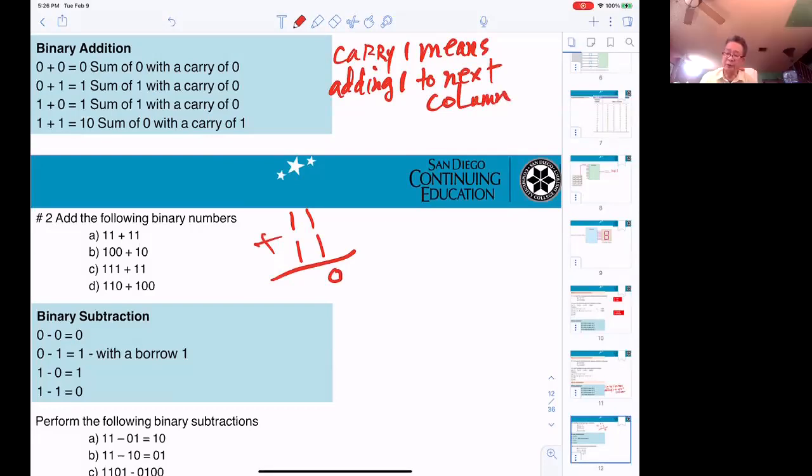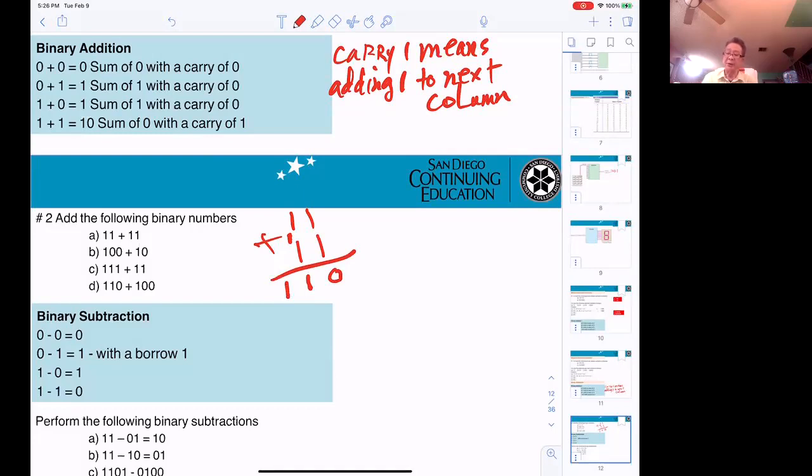Okay, so 1 added to 1 is 0, carrying 1. That means now you're adding 1 to the next column. So 1 adding to 1, you get a 0. 0 adding to 1 is 1, still carry. So that is the answer.